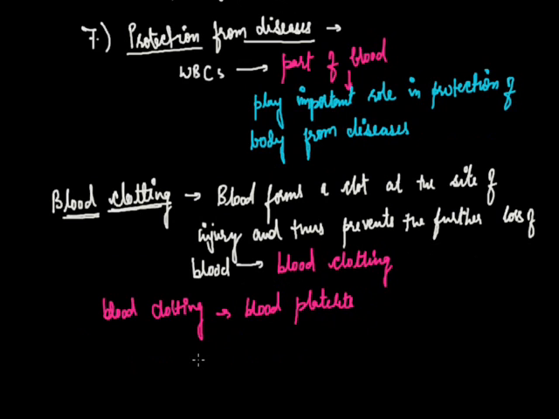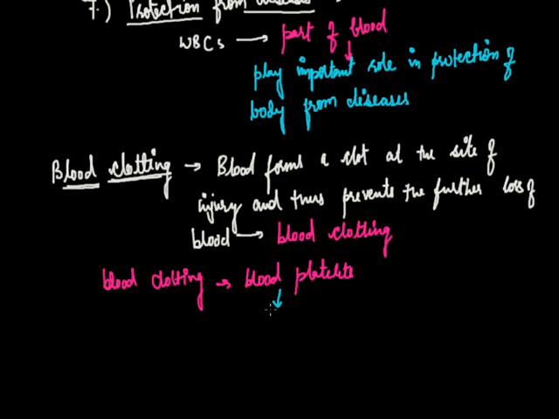Blood platelets induce blood clotting through the blood protein fibrin, which forms a network that entangles RBCs and blood platelets to form a plug or clot over the injured area, and that is how blood clotting occurs.